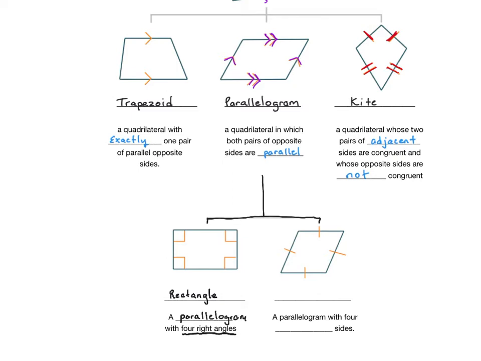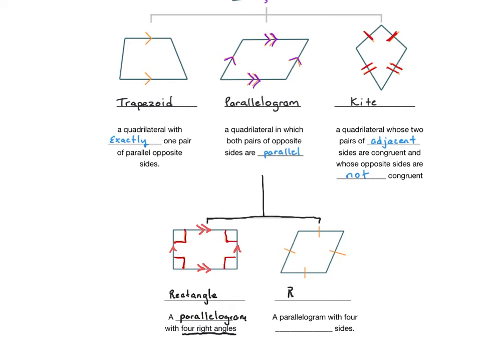I can look at my image and say, okay, that's a right angle, that's a right angle, that's a right angle, and that's a right angle. So it's still a parallelogram, and all the things apply: opposite sides are parallel. It just so happens that my angles are right angles.